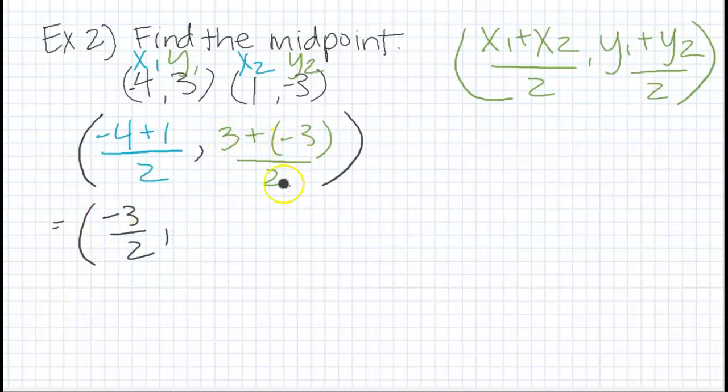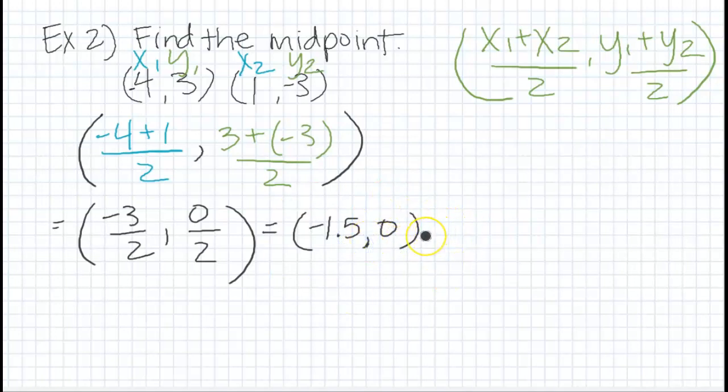And -3 plus 3 is 0. Those are opposite, inverse operations. Finally, I do my division and I get -1.5, 0. And that is my midpoint. If you care to graph, you can do that, as I did in the previous question.